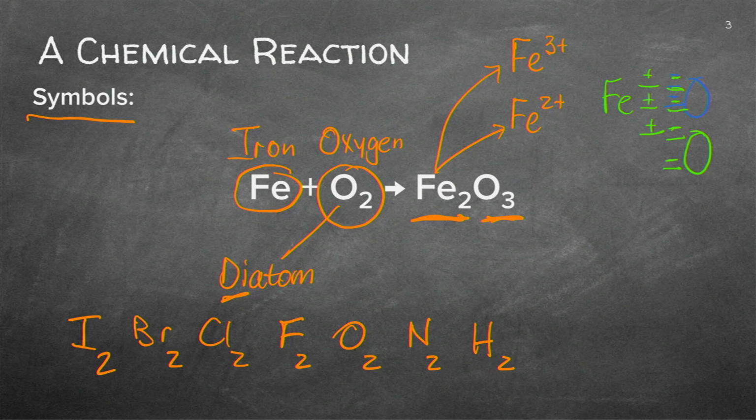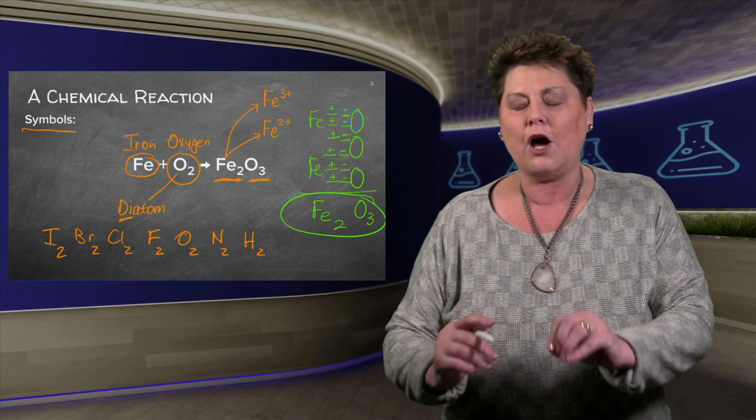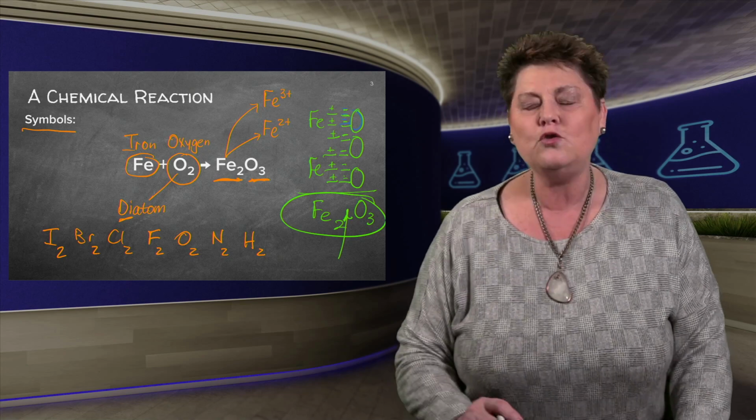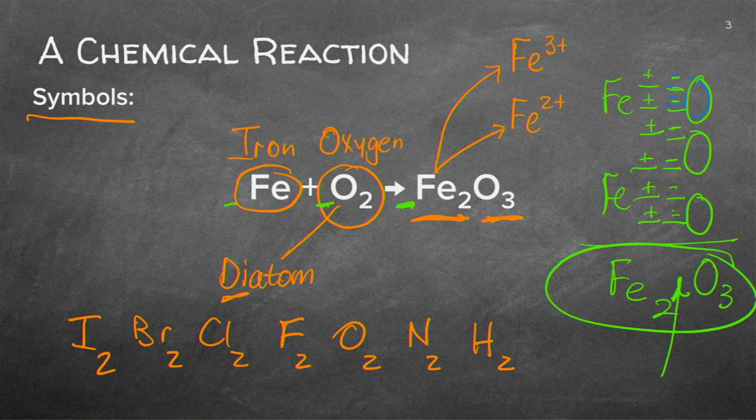But it cannot just give one electron, so it's got a charge of two. I will thus need another iron. Can you see? Then it's fine. And therefore, I'll need another oxygen. So what we have here is three oxygens with two irons. And now this is a molecule. You cannot go in between there when you do balancing. You are only going to write a number in the front.